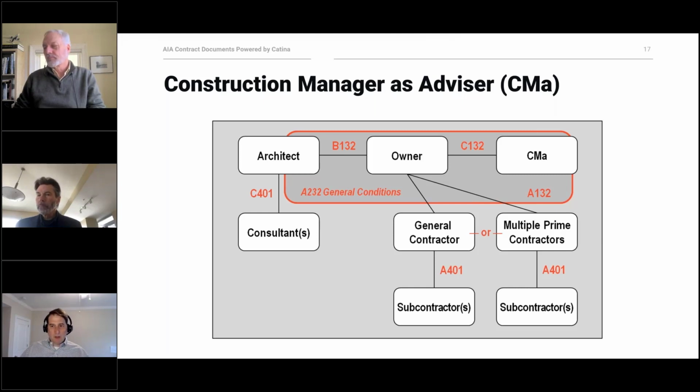CMA, again, this is in our vernacular as construction manager as advisor, where the owner hires a construction manager, but that construction manager isn't responsible for construction. So in this scenario, it's more akin to the design bid build process, where the owner hires the architect, the architect designs it, then they go out for bid for the general contractor or multiple primes.